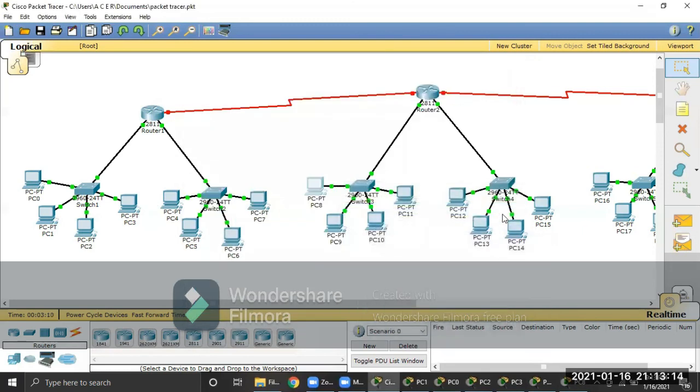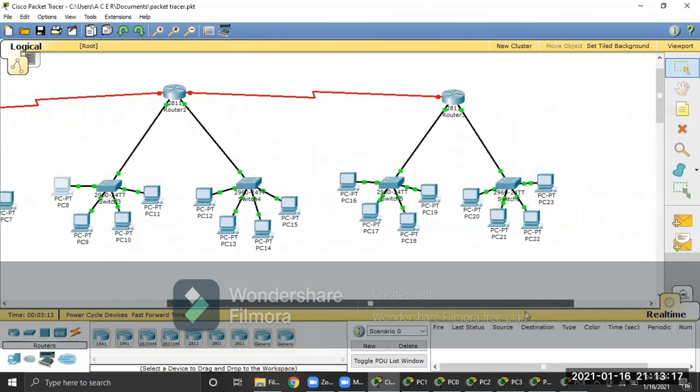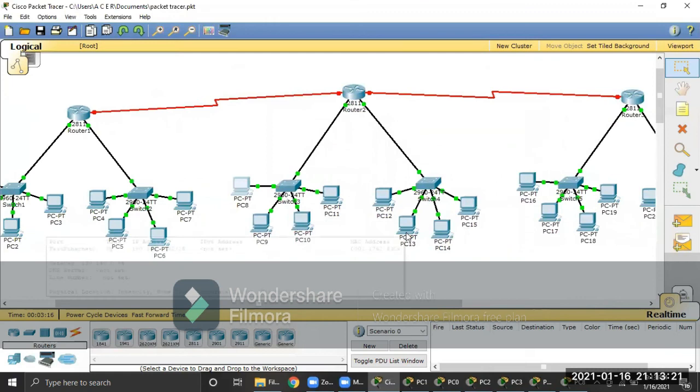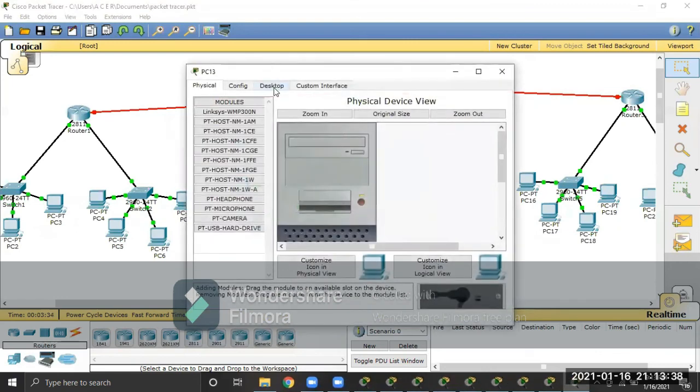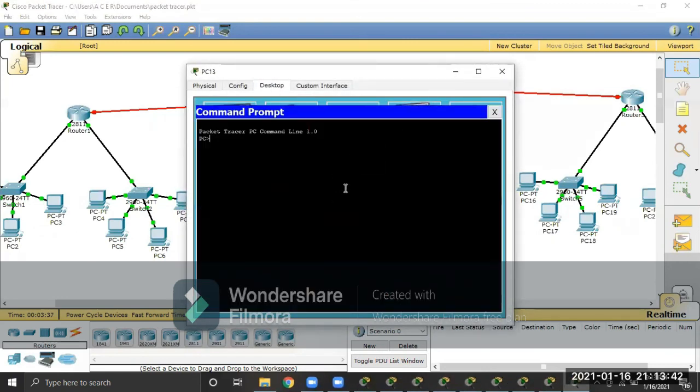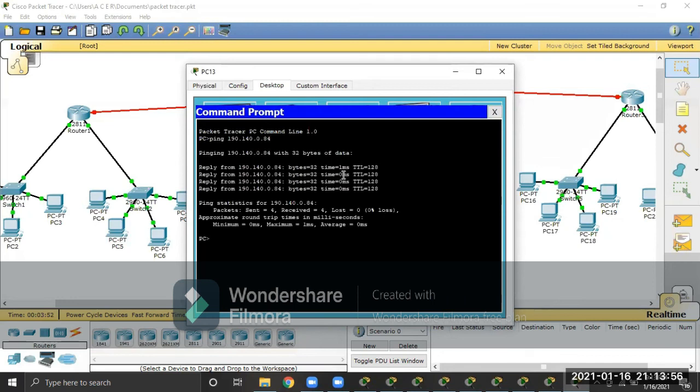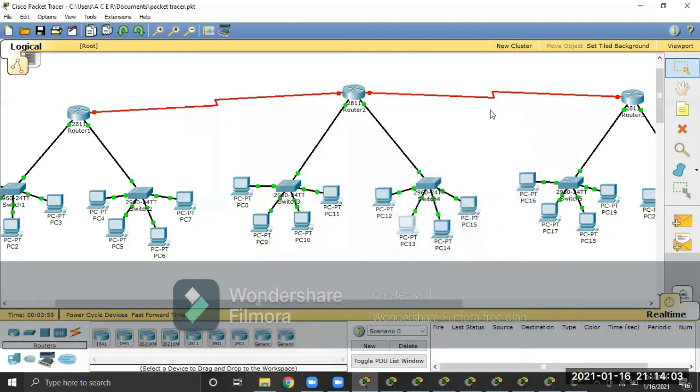Let's retry with PC13 to PC15. Let's see the IP: 190.140.0.84. Also successful.